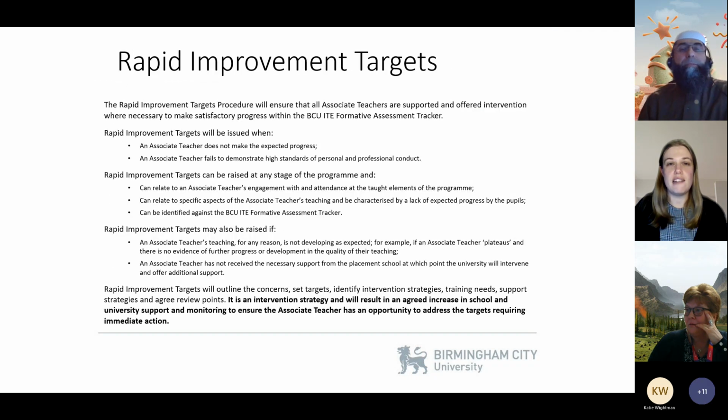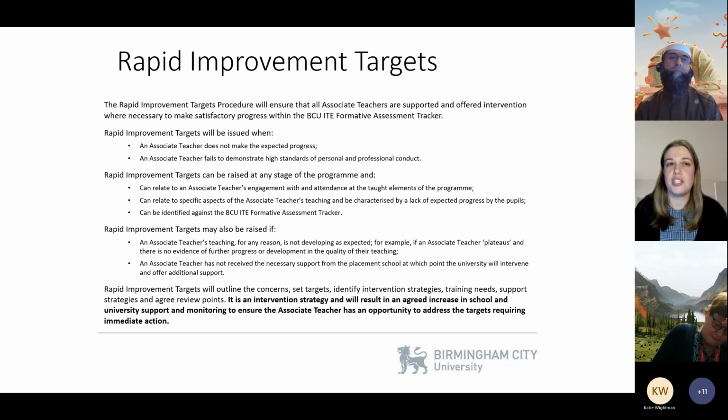Now, hopefully everything will go beautifully and our associate teachers will make the progress that we're expecting. If that doesn't happen, if there are associate teachers who aren't making the progress that we would expect, are at risk of not passing the placement, then we start the RIT process, which is Rapid Improvement Targets.